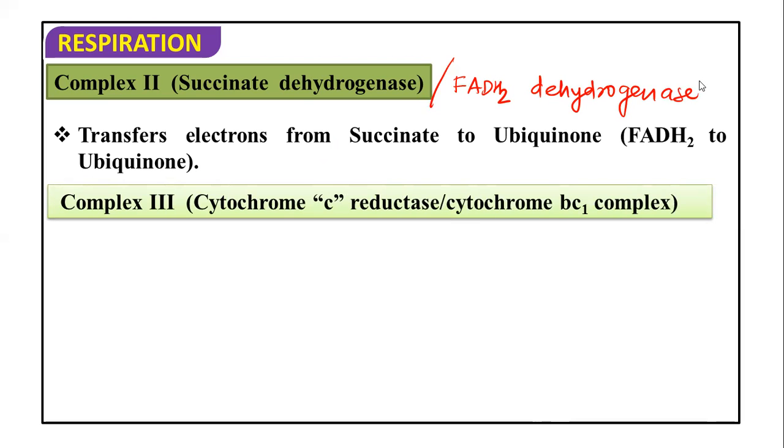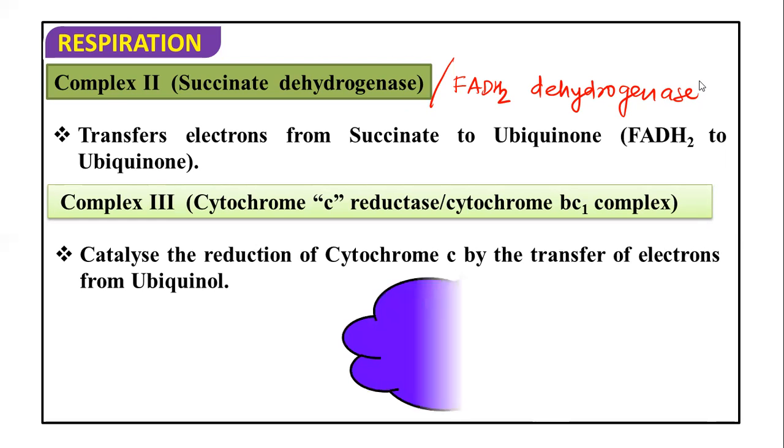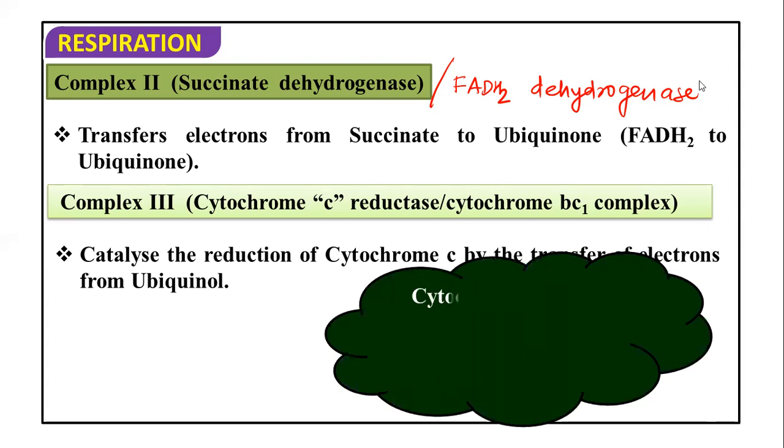Complex 3 is there, which is also known as cytochrome C reductase, or the cytochrome BC1 complex. This catalyzes the reduction of cytochrome C by the transfer of electrons from ubiquinol to cytochrome C1 and from cytochrome C1 ultimately to cytochrome C. Because of this, it is known as cytochrome C reductase, and cytochrome C is the mobile electron carrier between complex 3 and complex 4.